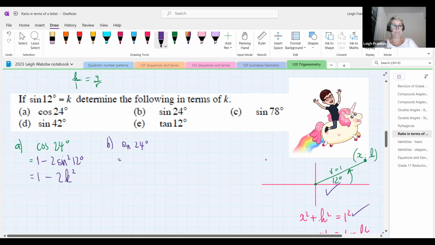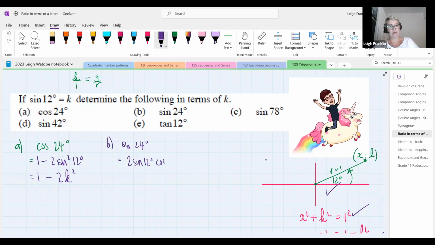Cool. I wrote it as 2 sine 12, cos 12. Lovely. Then for 2 sine 12, I had 2k. And for cos 12, I had the square root of 1 minus k squared.